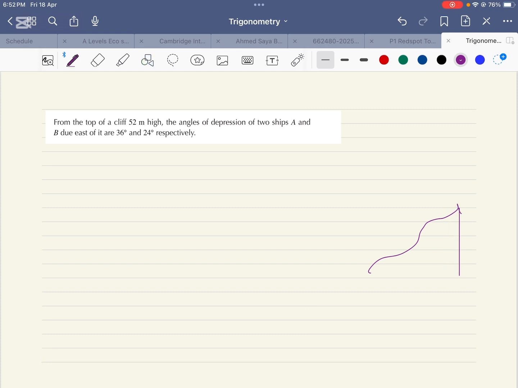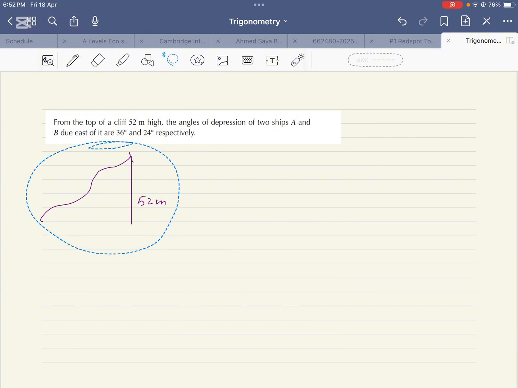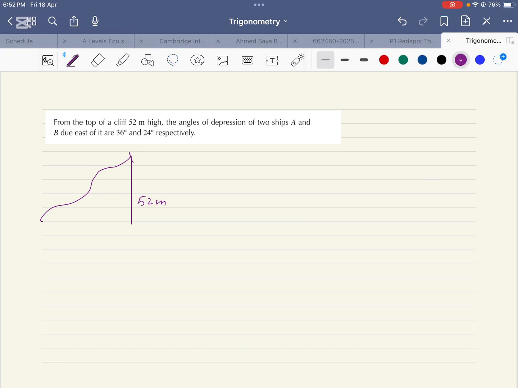So from top of a cliff 52 meters high, angle of depression of two ships A and B due east. The ships are due east, so let's draw it over here. Angle of depression of two ships A and B due east are 36 and 24. So this is ship number 1 and this is ship number 2.